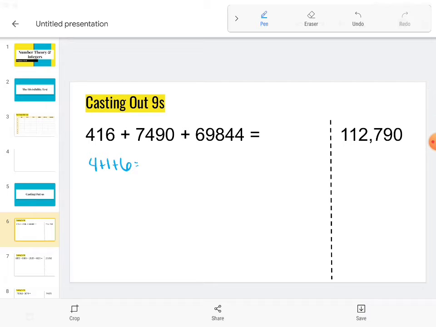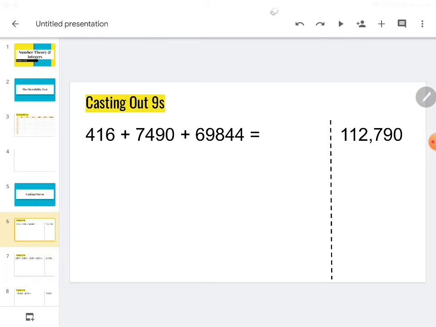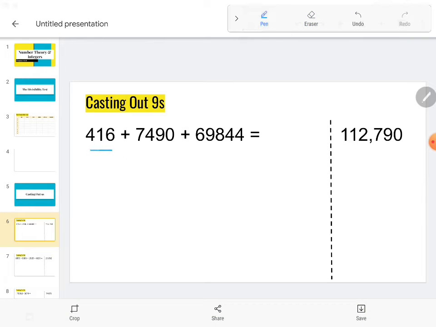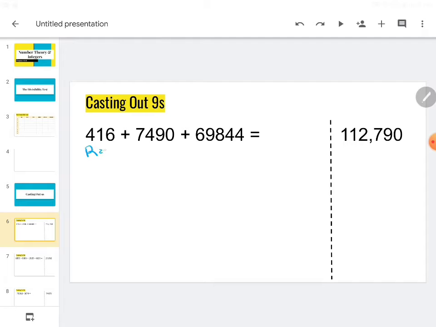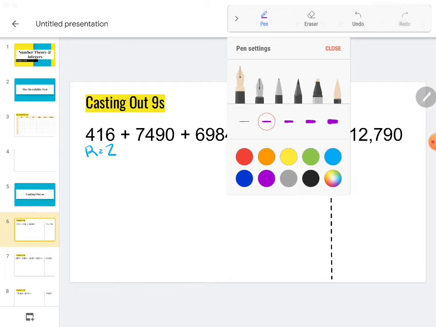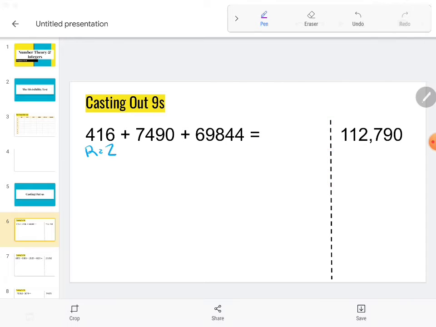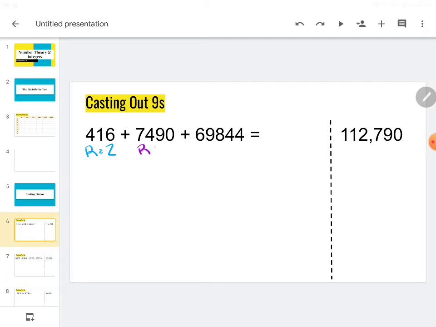Well, 11 minus 9 is going to give us 2, which means that we are going to have a remainder of 2. For our next one, we have 7,490. We're going to do 7 plus 4 plus 9 plus 0, which will give us 20. If we subtract 9 from that, we'll notice that our remainder is going to be 11.